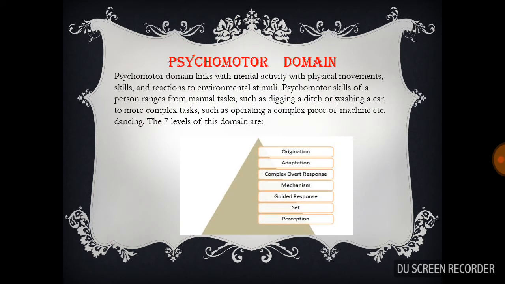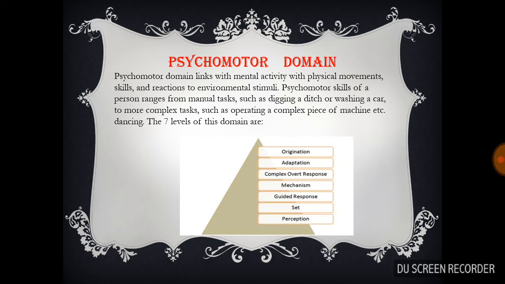Then the psychomotor domain. This level basically links mental action with physical movement. It shows the connection of mind and muscle, and it shows the reaction of the person when he reacts to something, when any stimulus is provided to him.